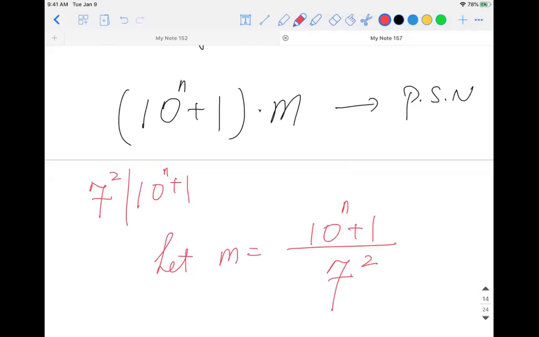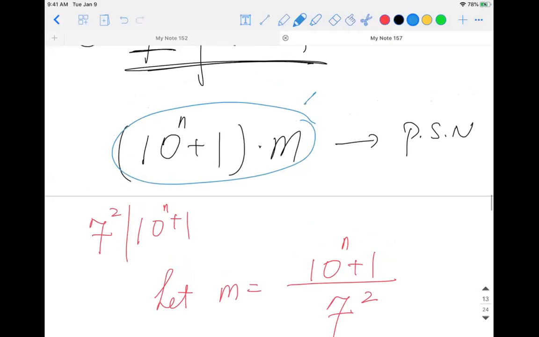I get what I need. So these two added together will be a multiple of 7 square, and my work is done. Is that right?